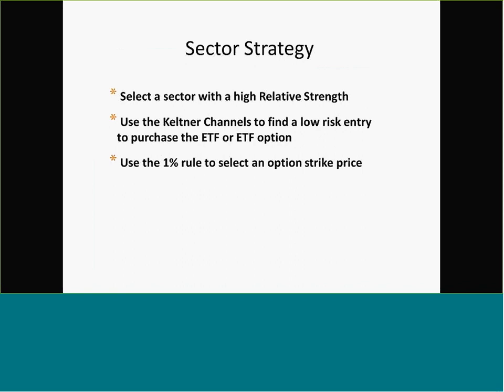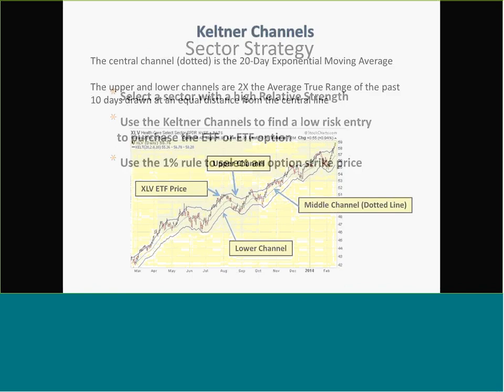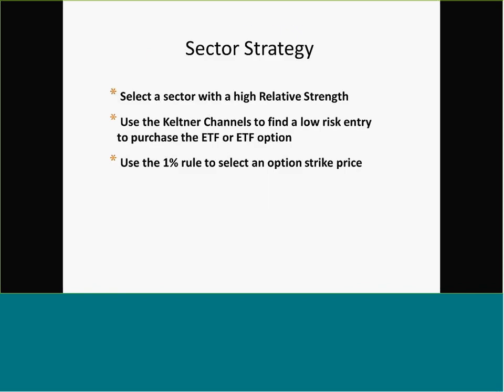Okay, and let's look at the various components of our sector strategy. And we just saw how we can find out the relative strength of a sector. And I usually like to focus on the sectors that have a relative strength of 90% or higher. And I like to mix it up.